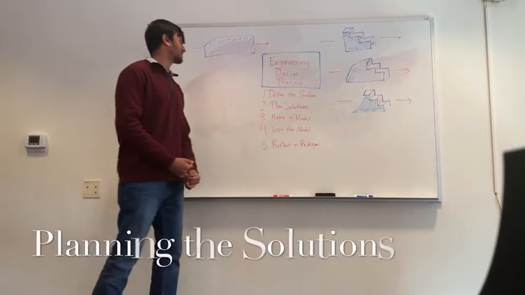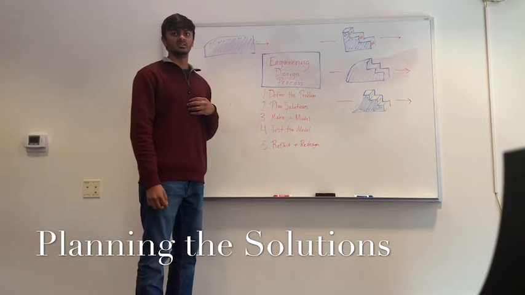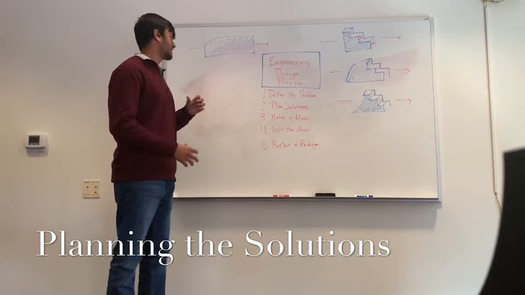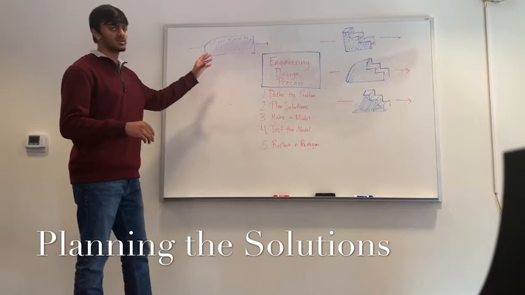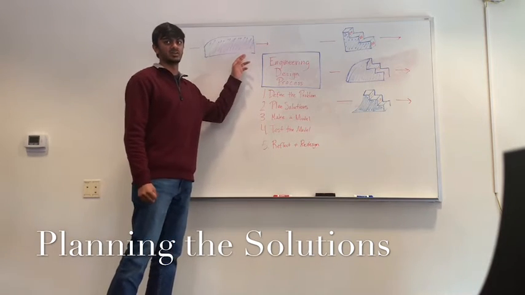The second step of the engineering design process is planning solutions. So as Dylan said, we had to create an innovative weir-like structure that would regulate water velocities before and after passing the weir while maintaining a sufficient level of depth after passing the weir.